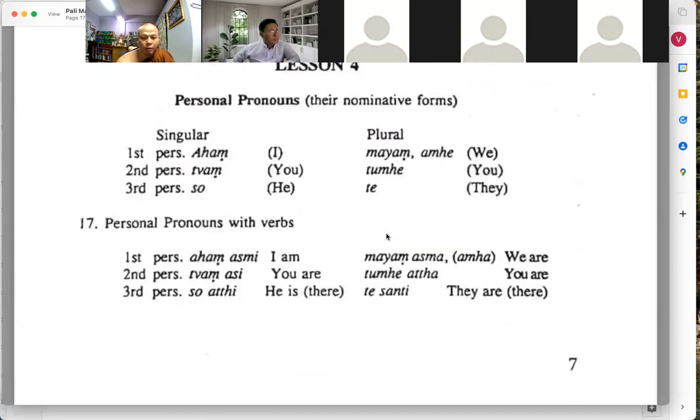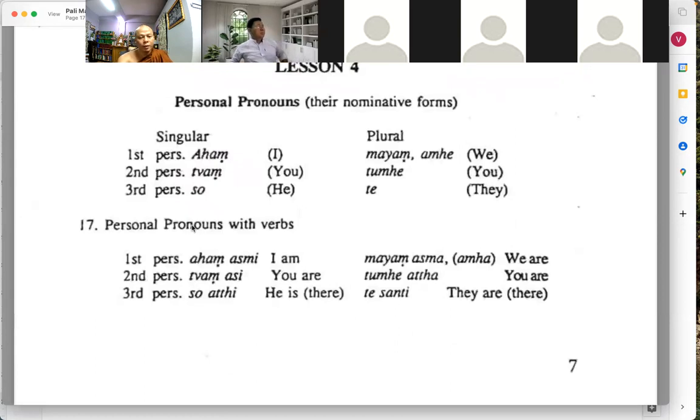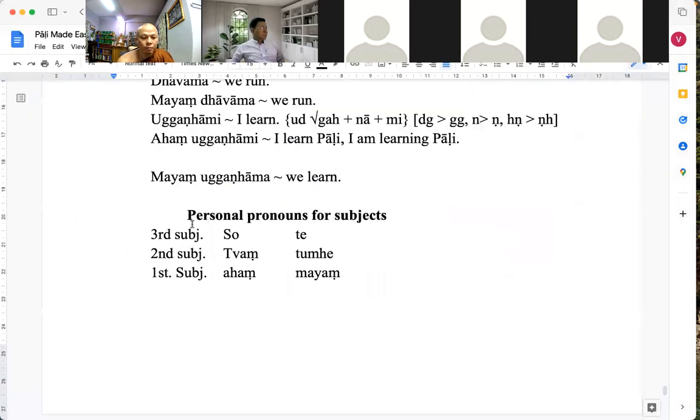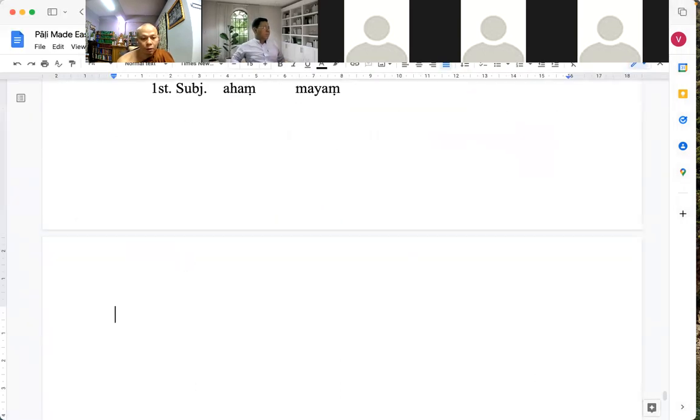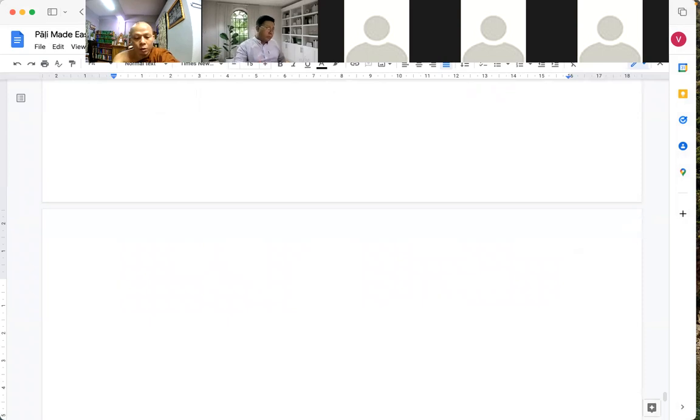So now in paragraph number 17, personal pronouns with verbs. So with verb root as. So root as. So ati and santi, asi, atta. So asmi and asma.